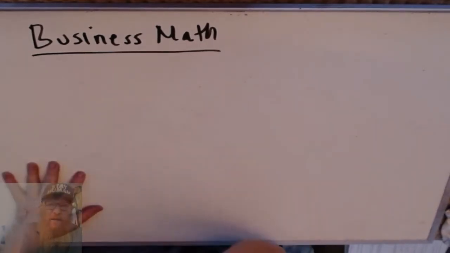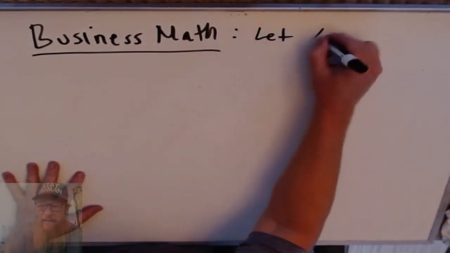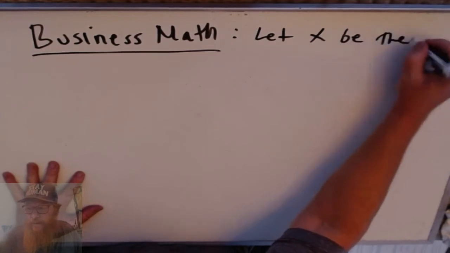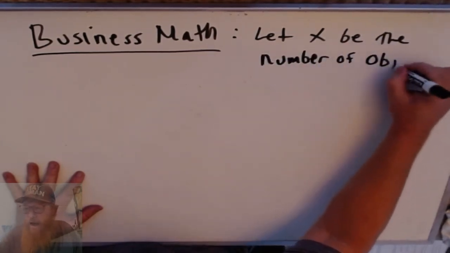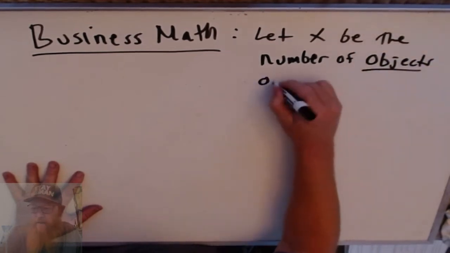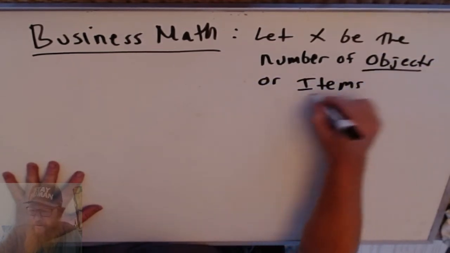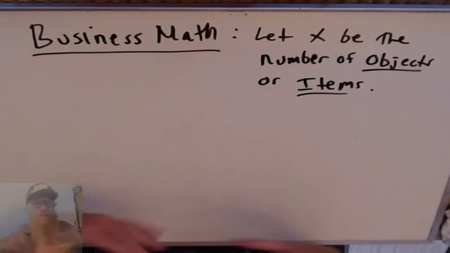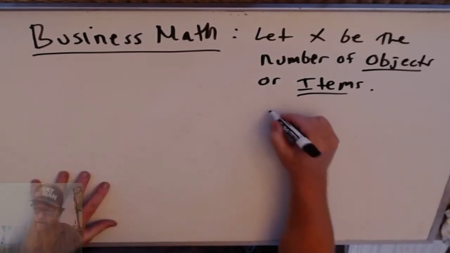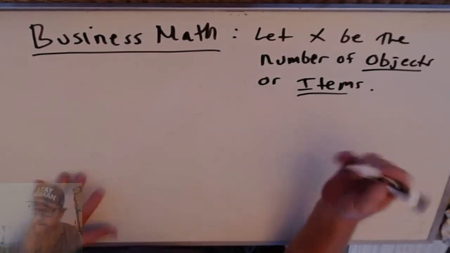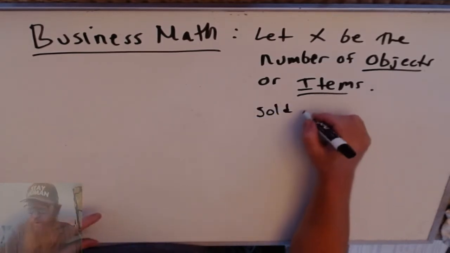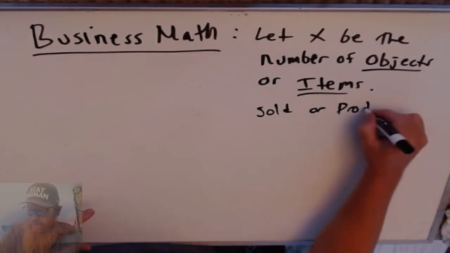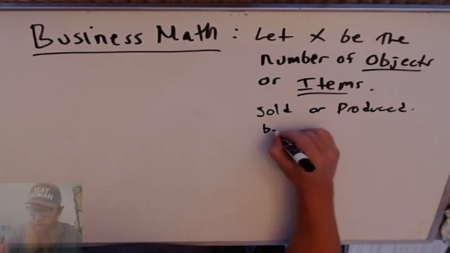Yeah. So in business math, we let X be the number of objects or items that you are selling or buying or that you are considering in the business, sold or produced by the company.